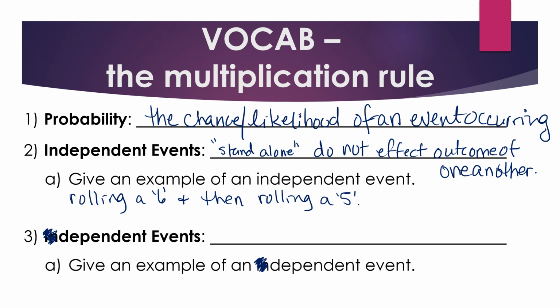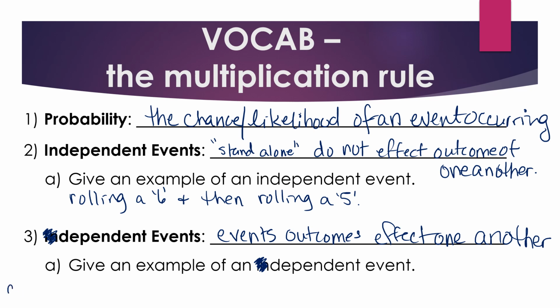So in example 3, we're going to talk about dependent events, and those events affect one another. So the outcomes affect one another. An example of this is if you think about a regular standard deck of cards.